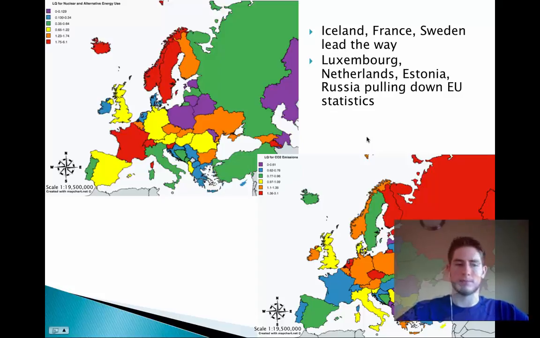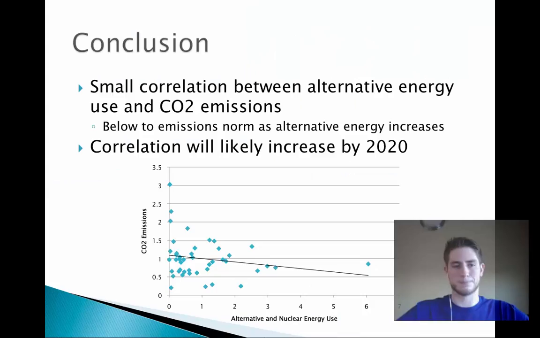They're the example that everybody's trying to follow, using a lot of alternative and nuclear energy to produce electricity, and it also ties into more technology that's used in other industries, and will certainly help cut the pollution. On the negative side, Luxembourg, the Netherlands, Estonia, Russia, they're really pulling down the EU statistics. So there's a big push on those countries to get it going and catch up with the rest of the EU.